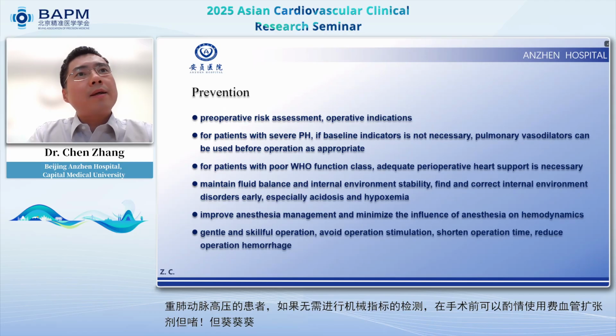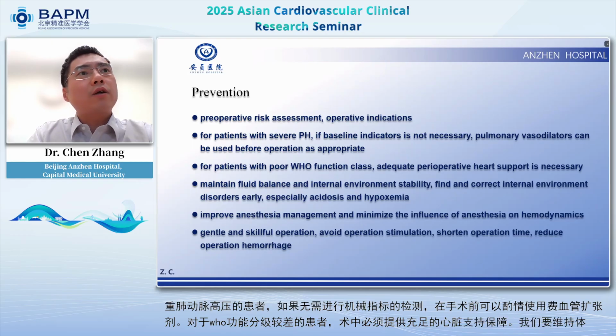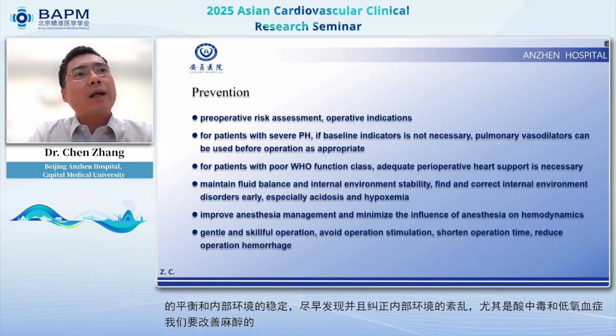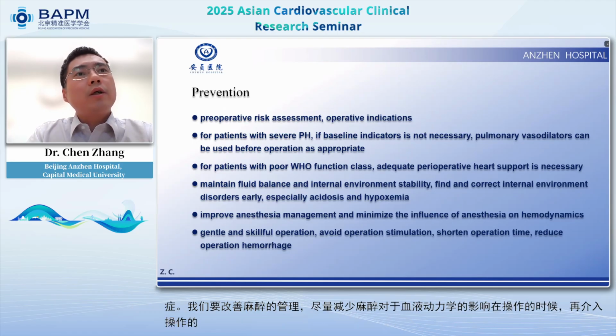Maintain fluid balance and internal environment stability, find and correct internal environment disorders early, especially acidosis and hyperoxemia. Improve anesthesia management and minimize the influence of anesthesia on hemodynamics. Operate gently and skillfully, avoid operational stimulation, shorten operation time, and reduce operative hemorrhage.